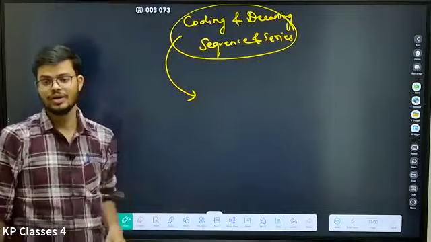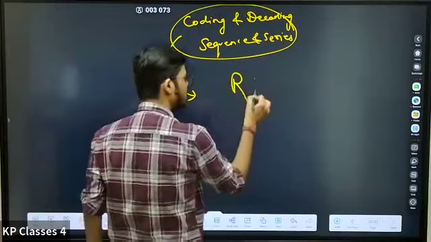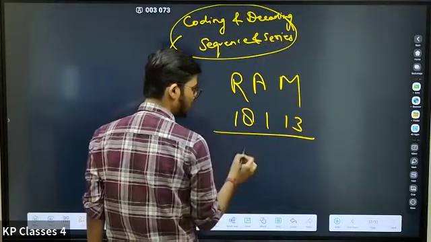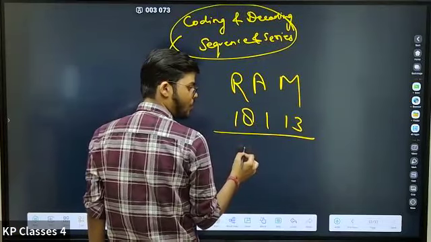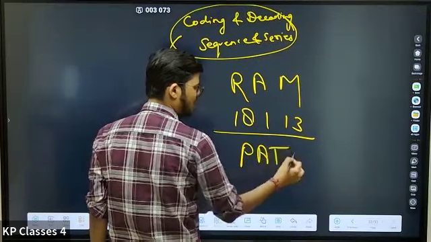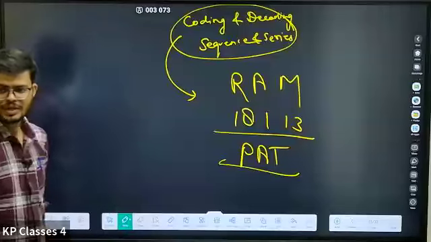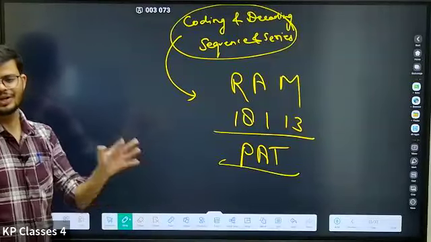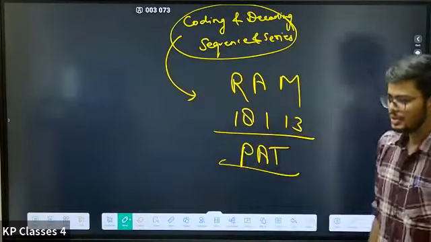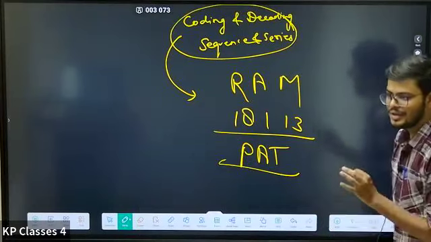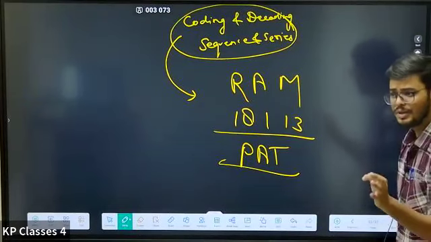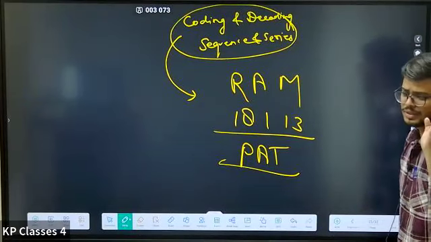For example, if I say RAM in a certain code language is coded as 18113, then how in a similar code language will PAT be coded? So this is coding and decoding. To be efficient in coding and decoding, the only thing you can do is remember the place values of all the given letters.